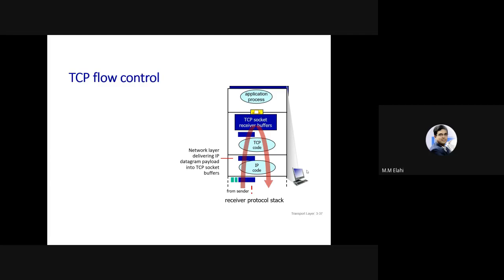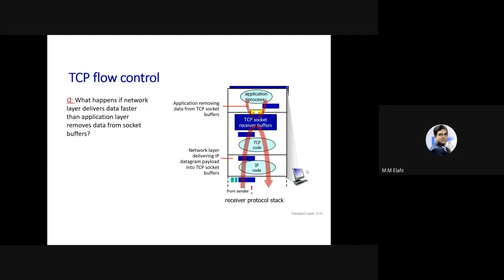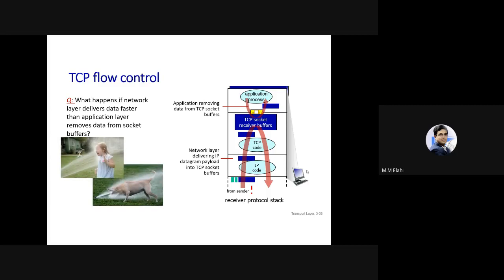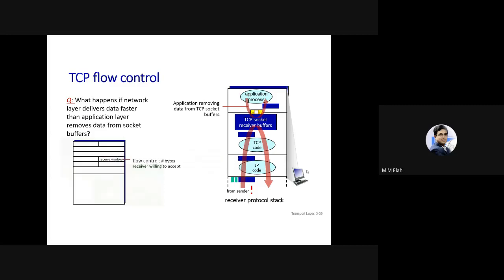So each segment is received here, and application will only remove the data if it receives all the segments without any gap. That was what I was talking about. And after application receives the data, then the memory buffer will be free. Otherwise it will be a problem, like too much data for the receiver to handle. In that case, data will be lost.